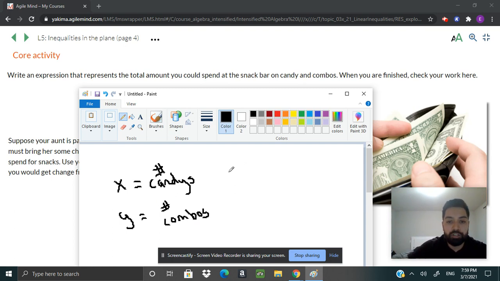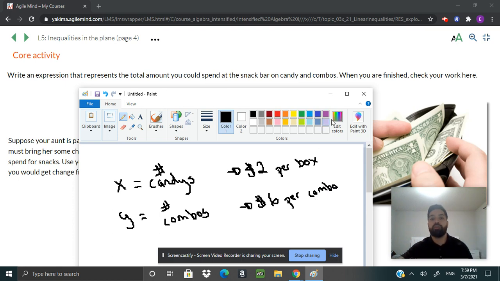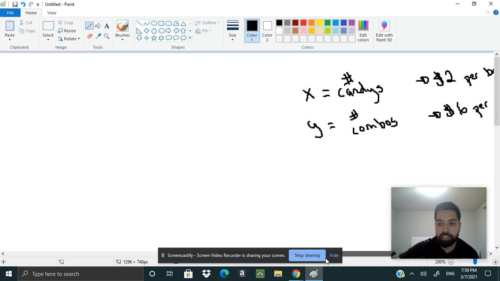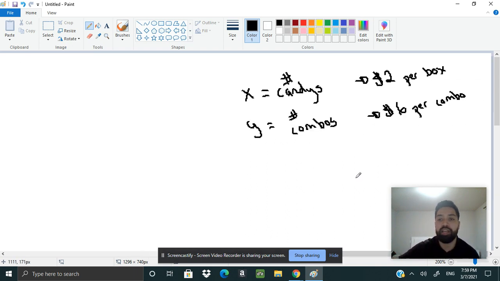Well, they told us earlier that the candies cost $2 per box, and the combos cost $6 per combo, which includes a drink and a popcorn. So that's how we need to get started, and we need to write an expression that will give us a final cost for the stuff that we buy.